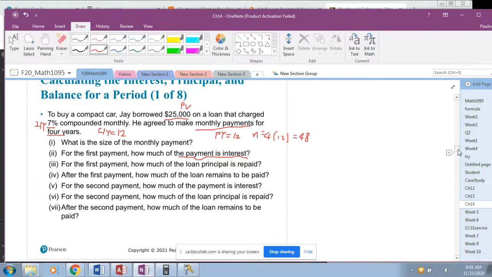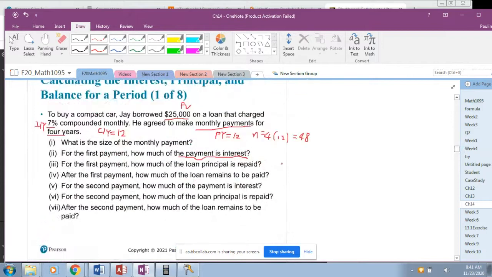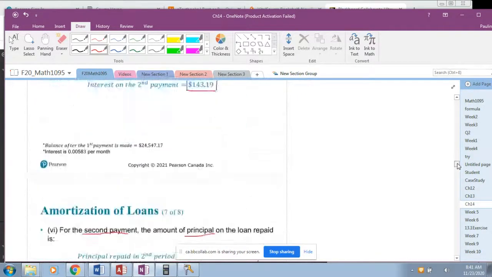So this example: the questions asked here are the typical questions for chapter 14. What is the principal component? What is the interest component? How much outstanding loan remained?